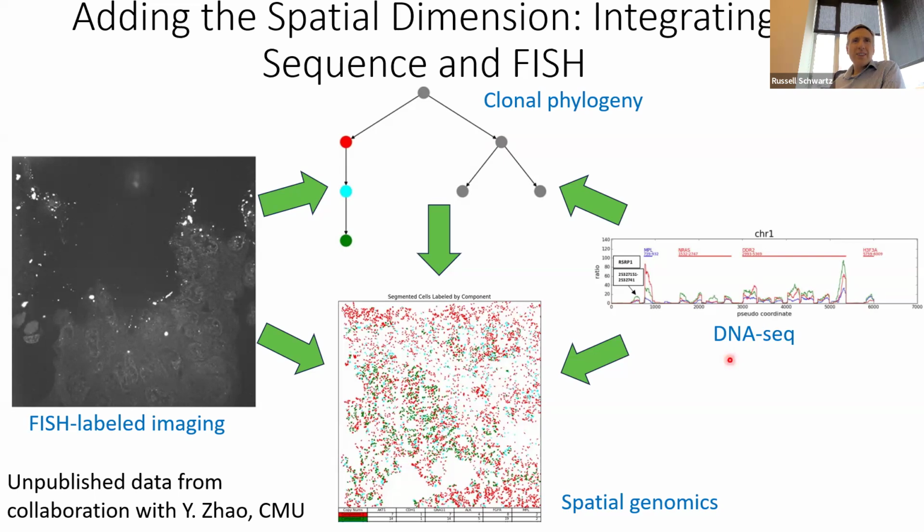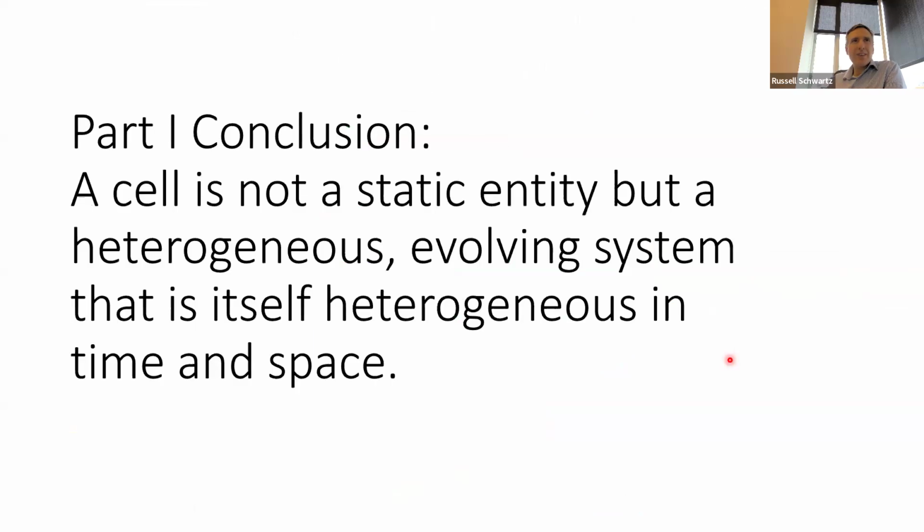What all this is to say is that there's a constantly changing landscape of advancing biotechnology, biological knowledge, and computational biology that is showing us in ever more detail what happens in a population of somatically evolving cells. And really the conclusion I would like to draw for the first part of this talk, that I would take to anyone interested in cell biology, is to remember that a cell is not a static entity.